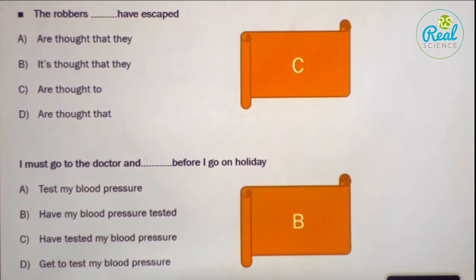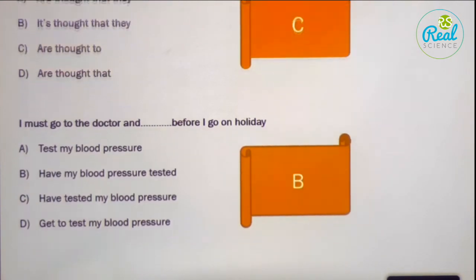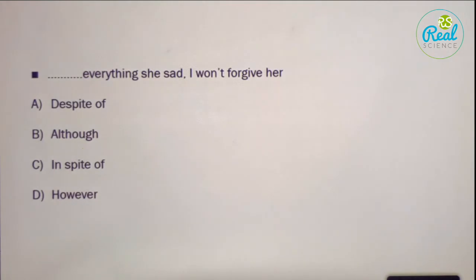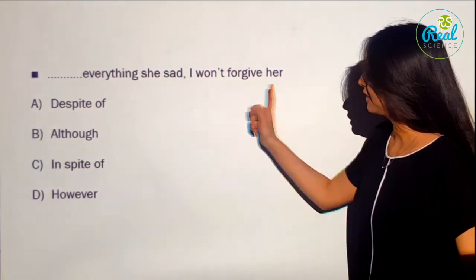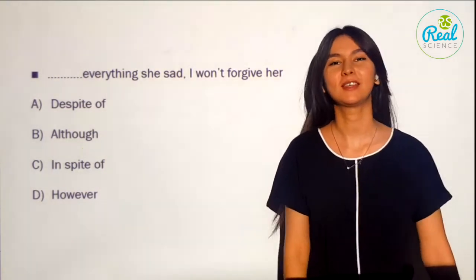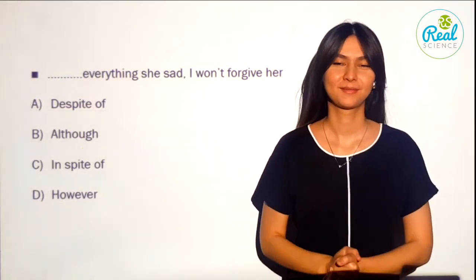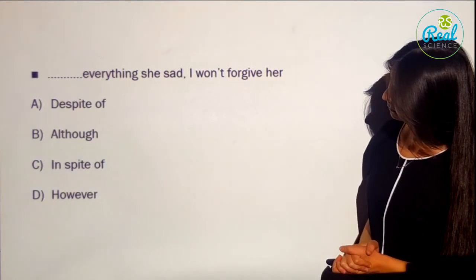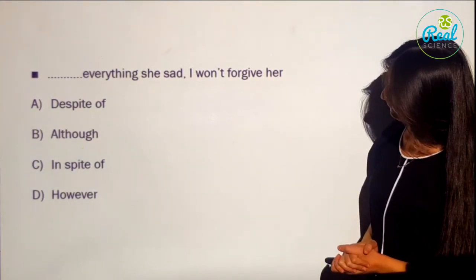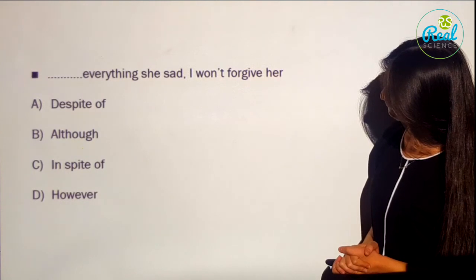Okay. No questions regarding these ones? And the last one, this is the 15th question, okay? So let's read it and choose the answer. In spite of everything. I think C1. In spite of it.